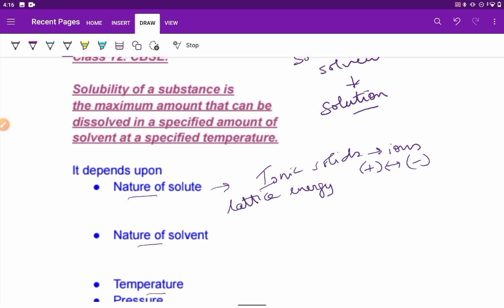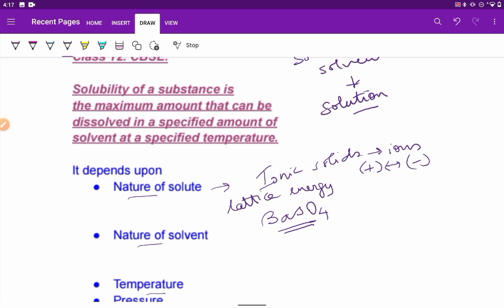Okay, so the ionic solids which are having high lattice energy like BaSO4, they are less soluble. So ionic solutes having high lattice energy like BaSO4 are less soluble, and those who are having less lattice energy have more solubility.